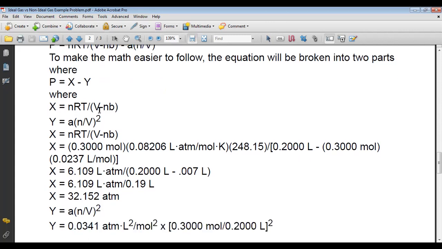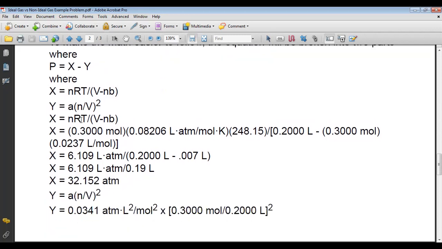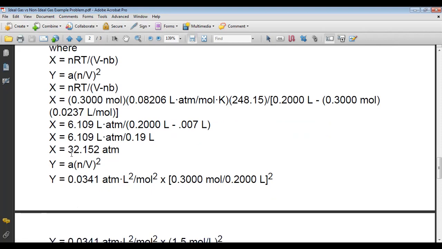So here x is equal to nRT over V minus nb. When you put all these values, finally you will get the answer 32.152 atmosphere.